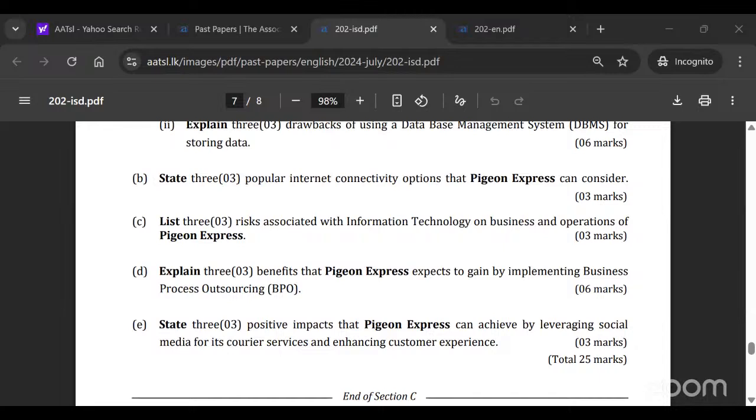And cost-effective marketing. This is very cost effective, and we can reach the target market, not like the public media. Now, for this question C, normally you can gain 25 marks.